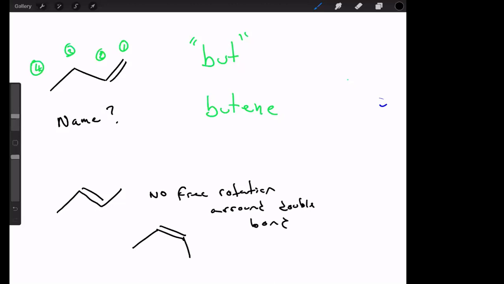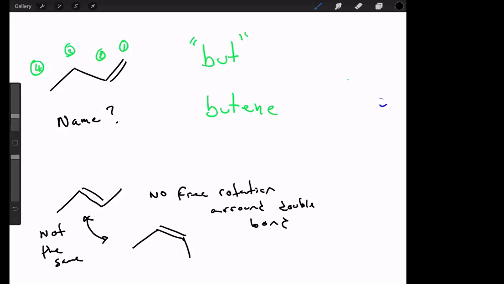So these two guys are not the same. These are stereochemical differences. They have the same connectivity, but a different three-dimensional shape. And so we're going to have to deal with that. So the first thing, though, is locating the double bond. How do we locate a double bond?